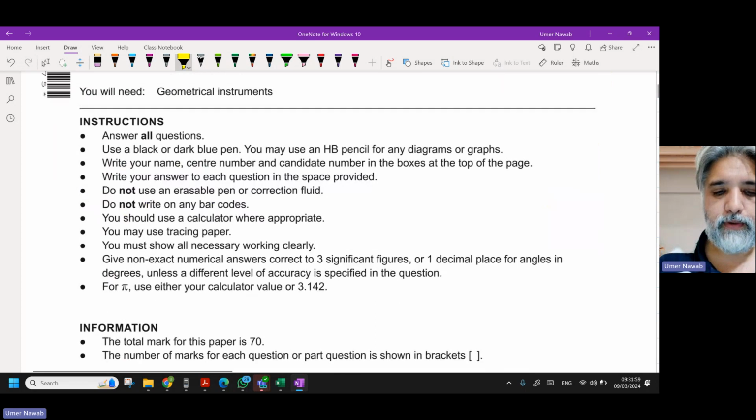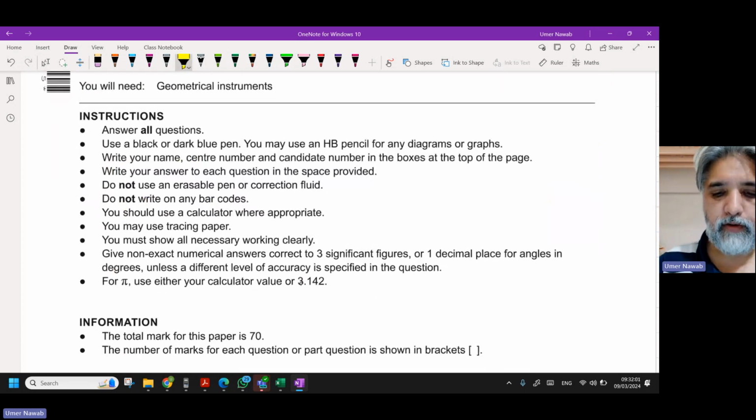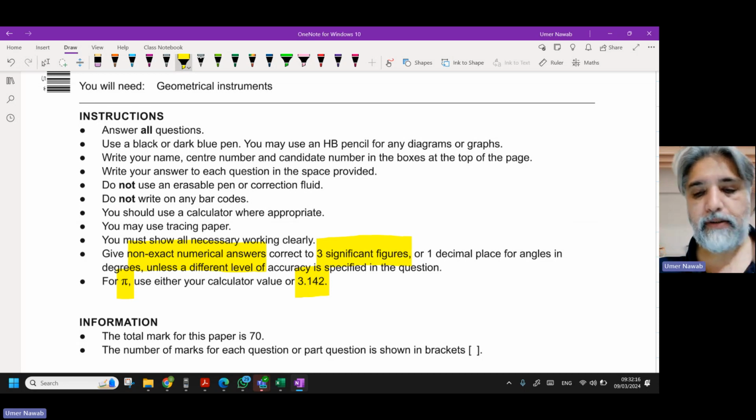As you know, we have to write the value of pi either 3.142 or we can keep the pi from the calculator. If you have a non-exact numerical answer, in the answering space for any measurements, you write three significant figures.